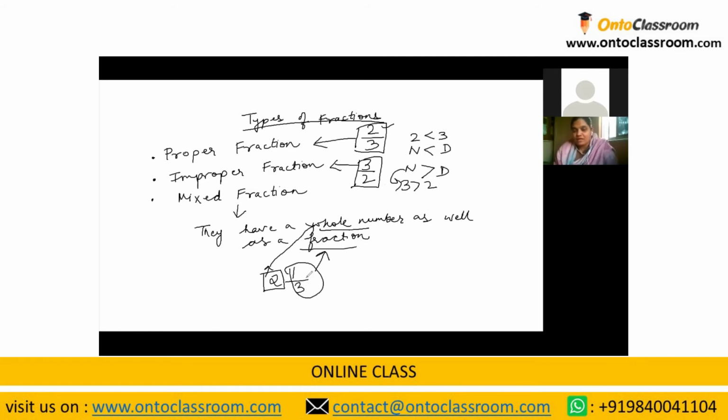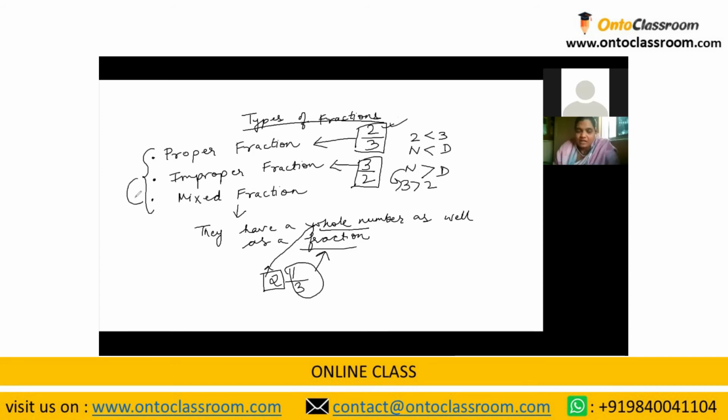I think up to here it must be clear. So now there is an important thing to know about these three fractions. What is it? Proper fractions cannot be changed. Their form will be like this only. But improper fractions can be changed to mixed fractions.